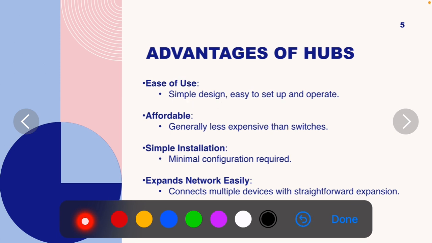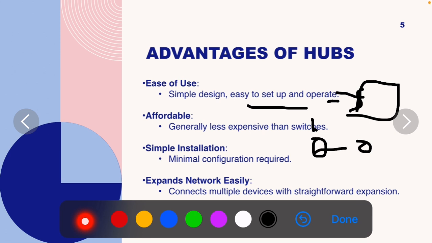And another one is easy to set up and operate. Why? Because with no complex configuration required, setting up a hub involves just plugging in network cables to connect devices. So this simplicity is beneficial for users who need a quick and easy networking solution without technical complications.